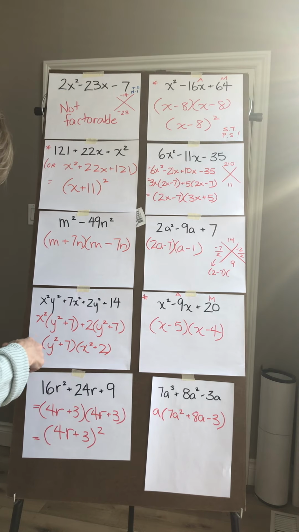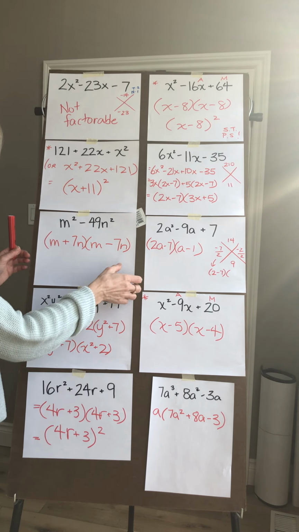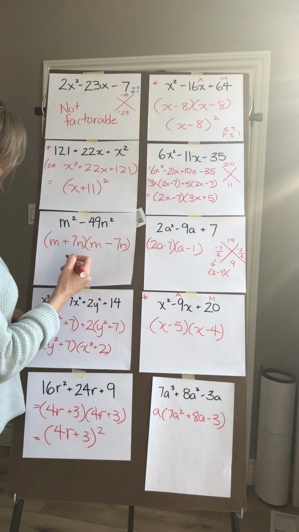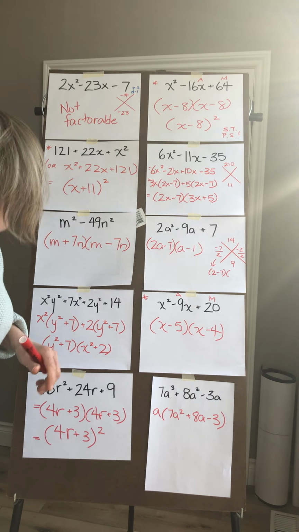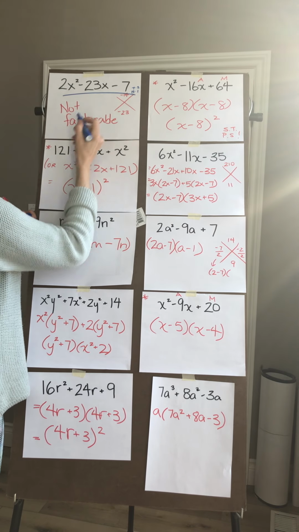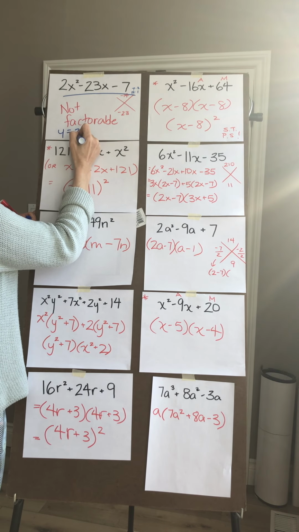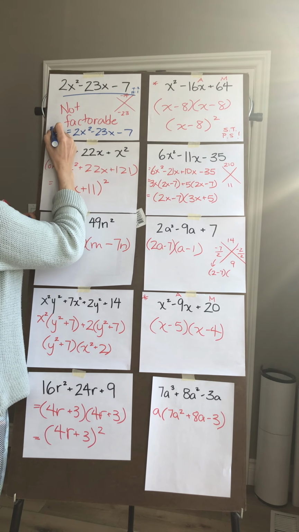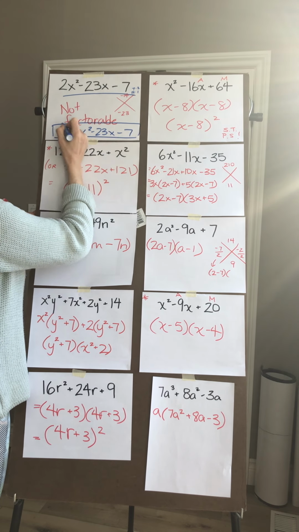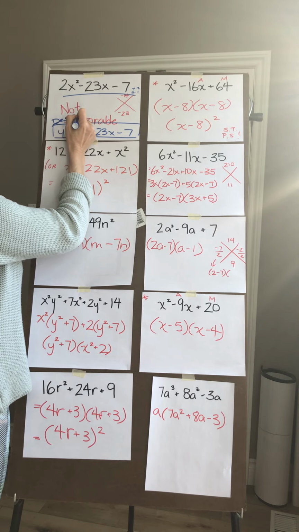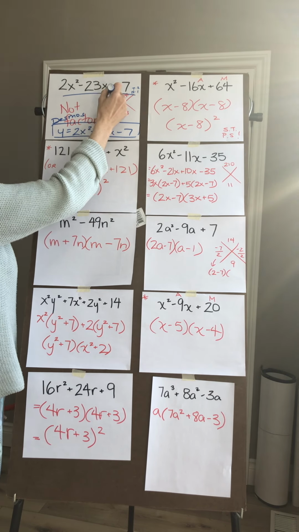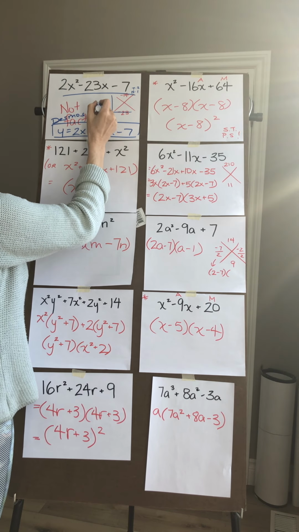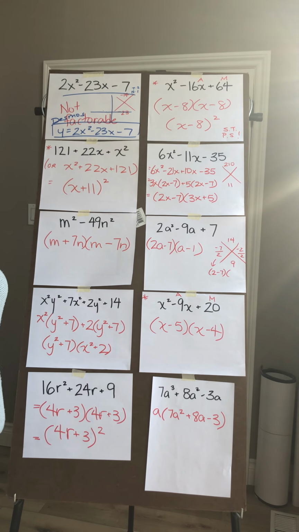Now, a quick note. I'm reusing paper. If you go to Desmos and plug this into Desmos, I would find that it does not cross the x-axis at a nice spot.